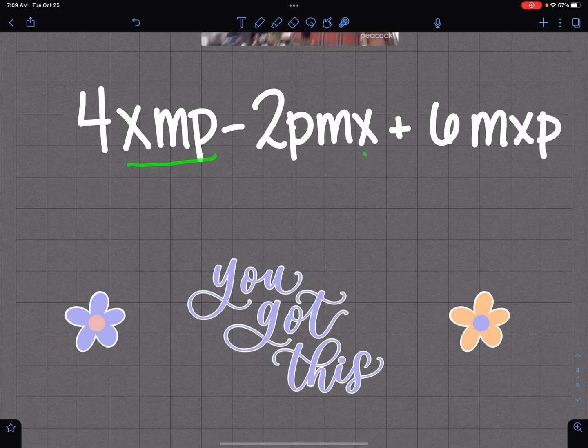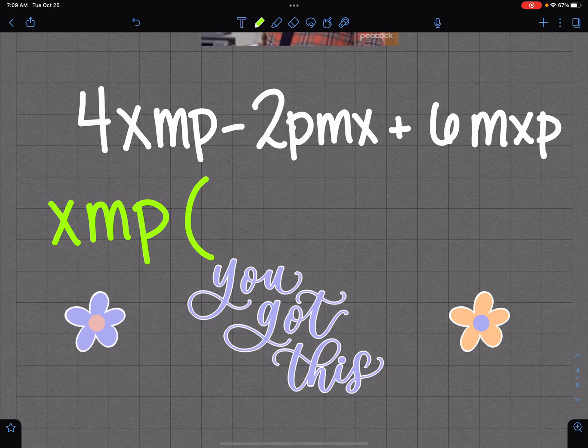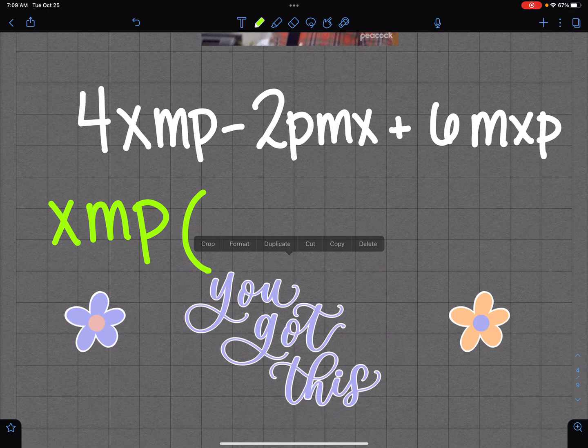When we do problems like these, what is the same? XMP, XMP, XMP. So if we take the XMP out, this is kind of like the distributive property backwards. You multiply it by what's in the parentheses, and what's left is the thing that's left out of all of these.